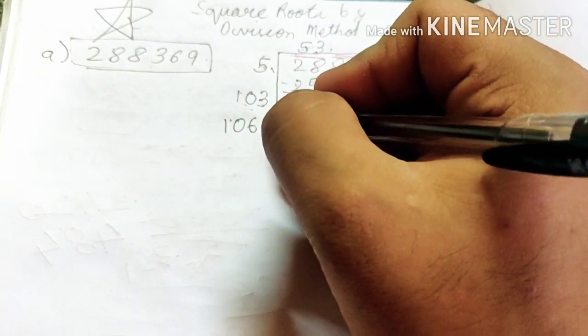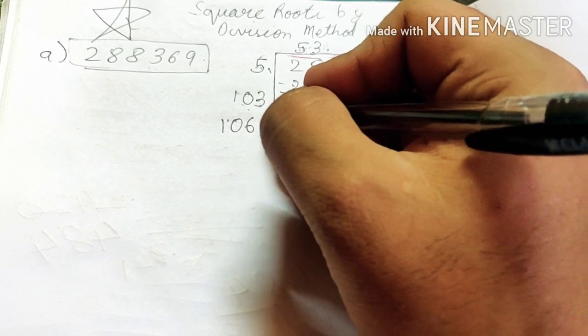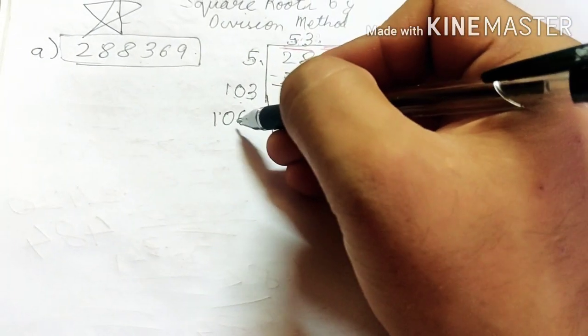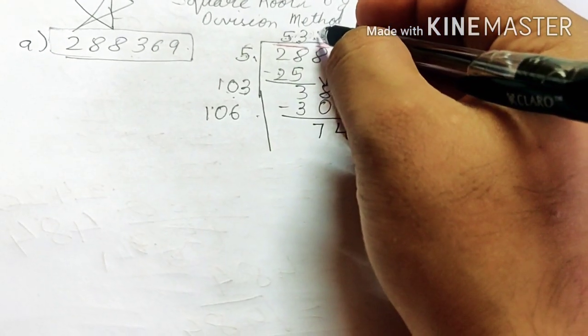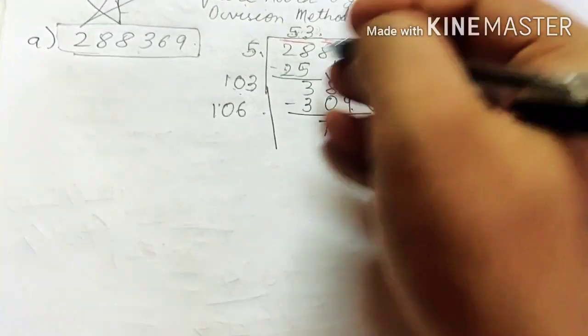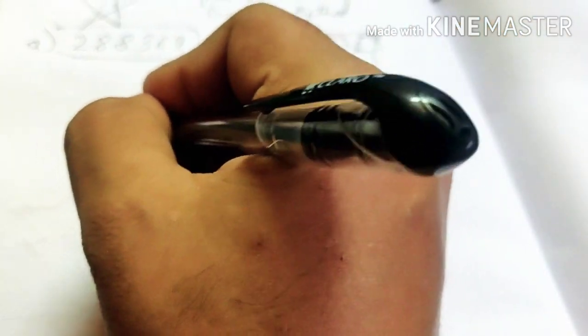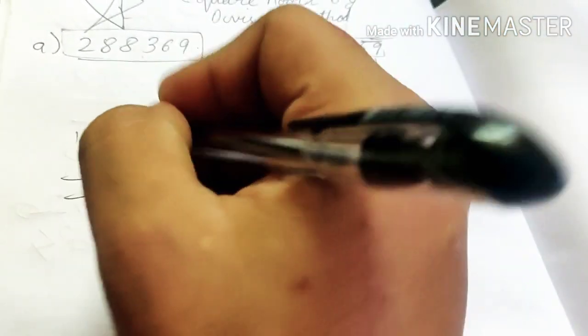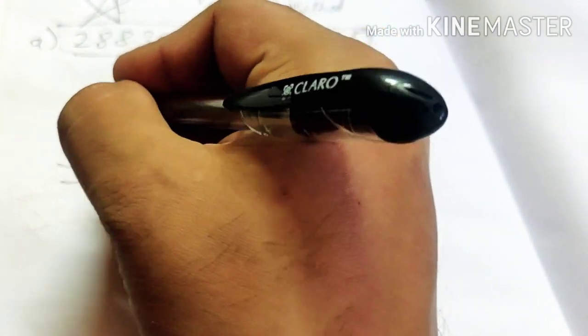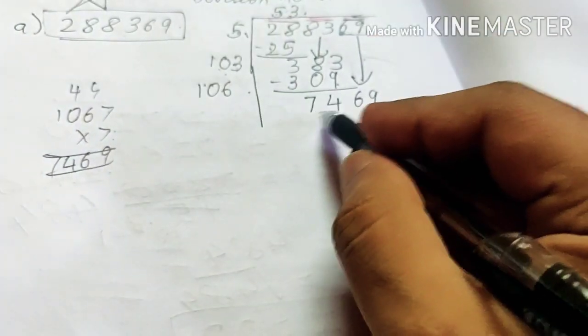In the same way we will proceed with 3, 4, 5, then 6, meaning 1066 into 6, and then 1067 into 7. If we do 1067 into 7, we will get 7469.